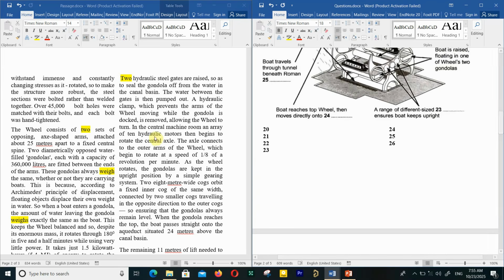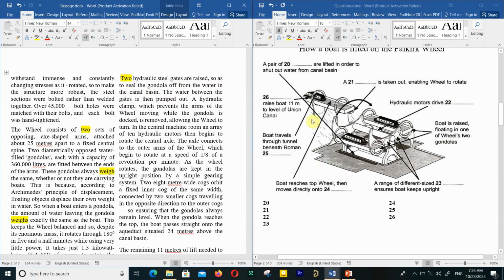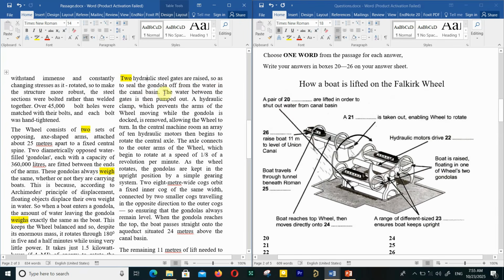So: two hydraulic steel gates are raised so as to seal the gondola off from the water in the canal basin. So here, "shut out from the canal basin," this is the second part. And where can we find a countable plural noun?